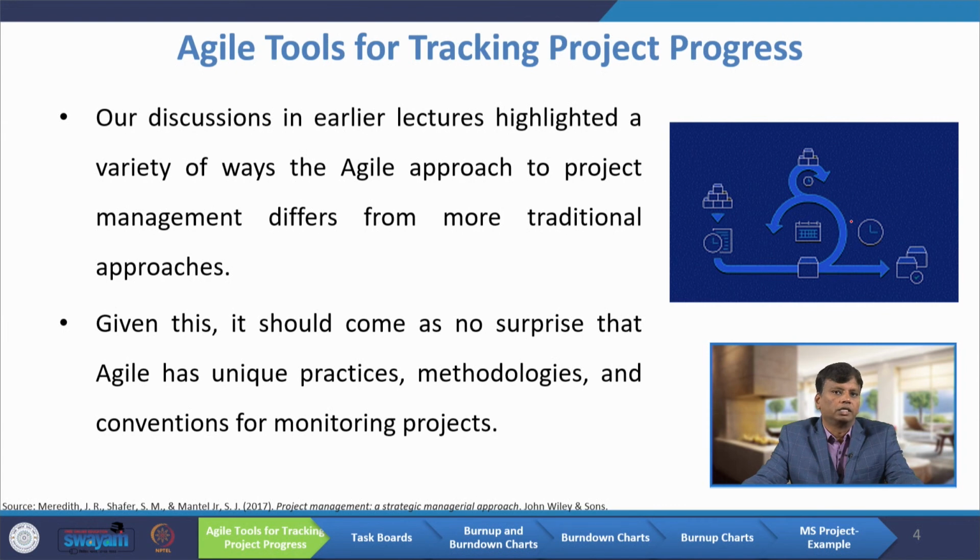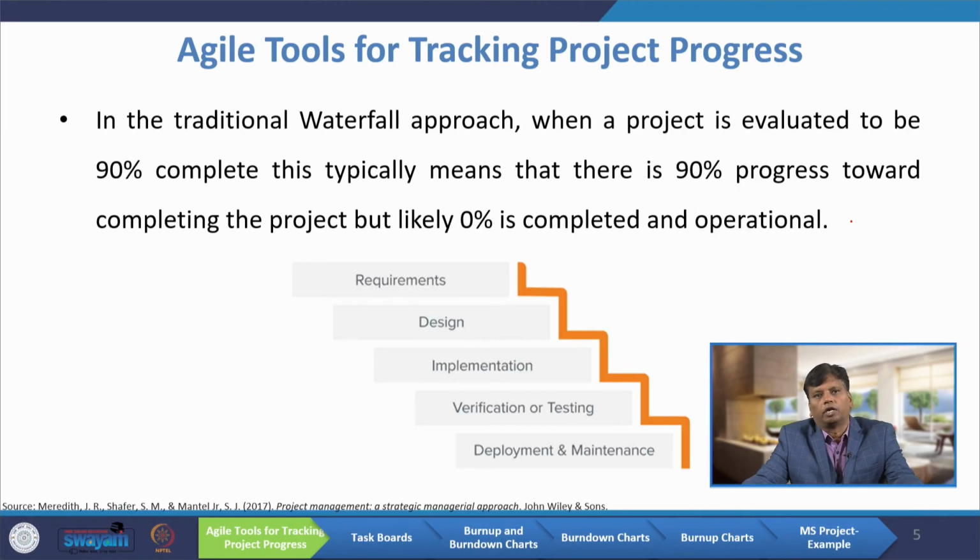Given this, it should come as no surprise that Agile has unique practices, methodologies and conventions for monitoring projects. In the traditional waterfall approach, when your project is evaluated to be 90% complete, this typically means there is 90% progress towards completing the project, but likely 0% is completed and operational.